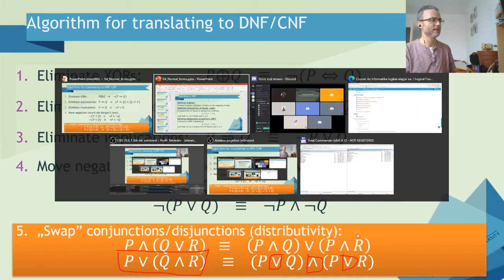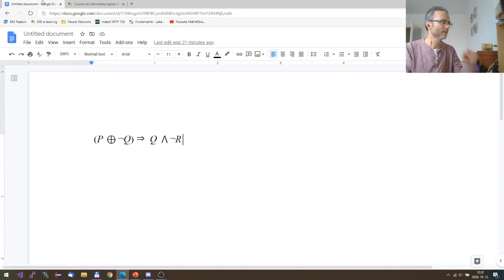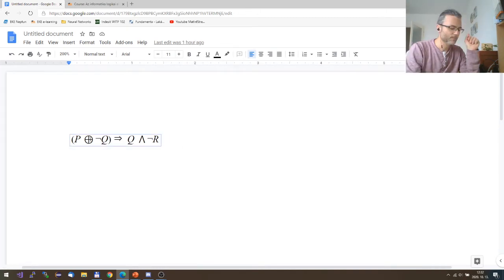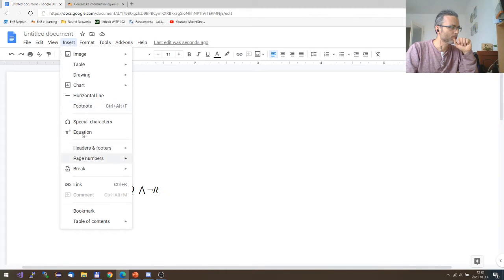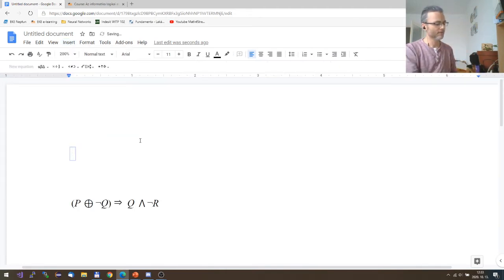Okay, let me give you an example. If I have a DNF, what kind of operators do I have to use inside the parentheses?